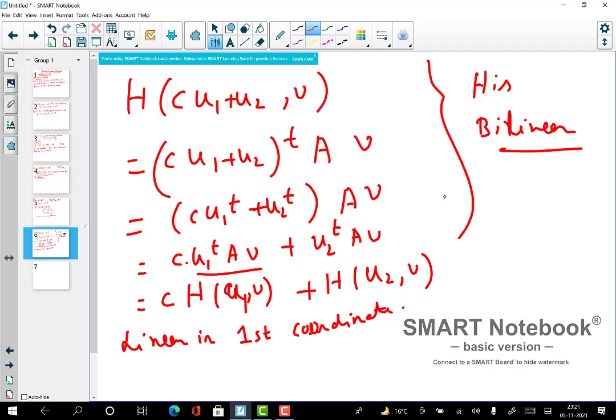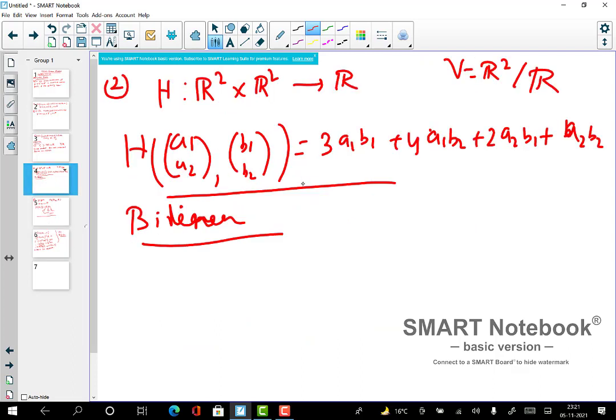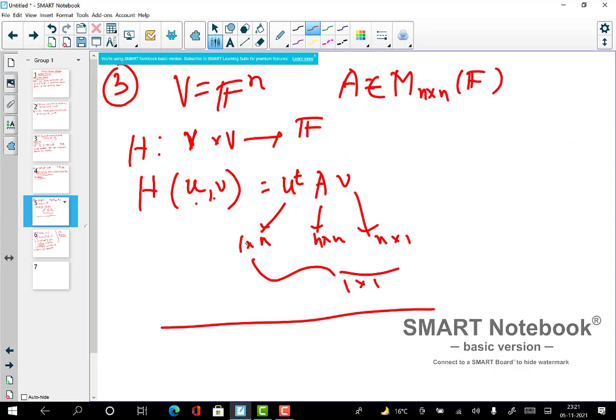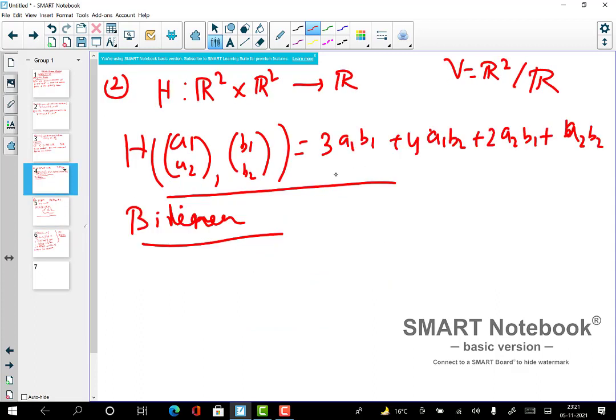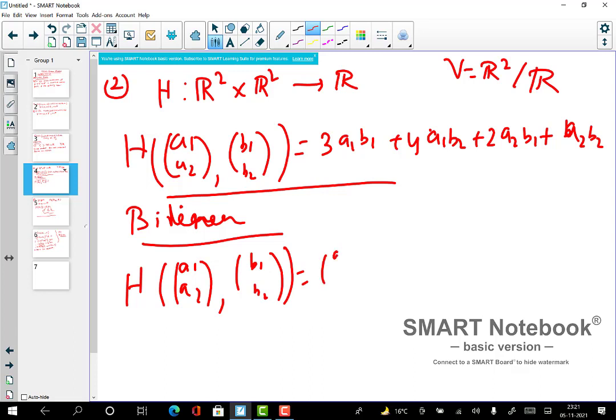Now recall I said that this example will come from some example, and why is this? Because you can write down this example in matrix form. You see that you can write down this as A1 A2, comma B1 B2, and this you can write down as (A1 A2) transpose, which was kind of u transpose, and the matrix. What is the matrix?